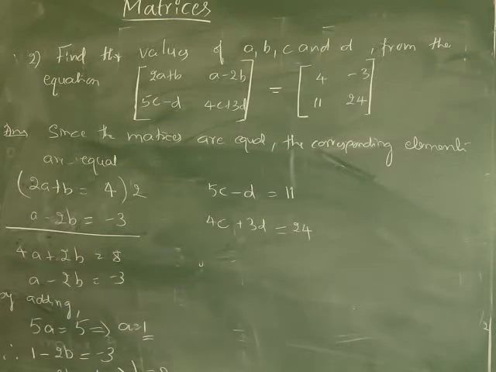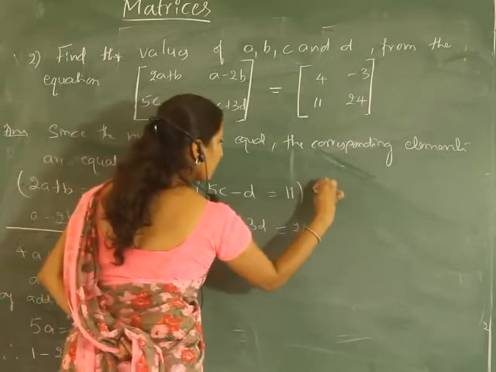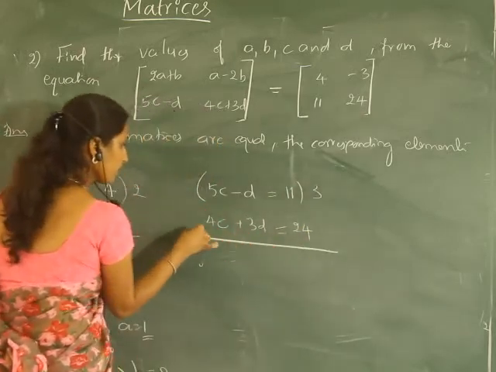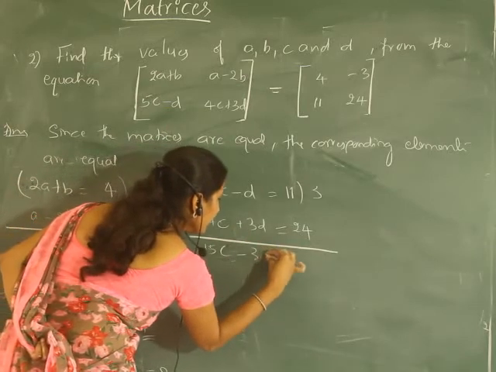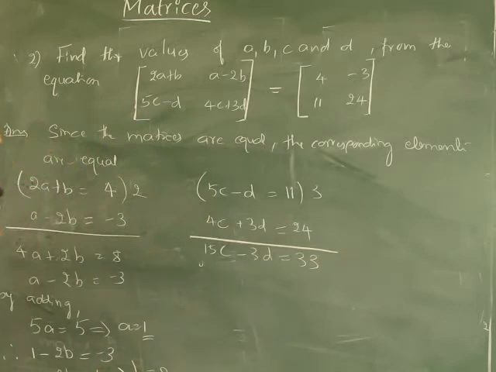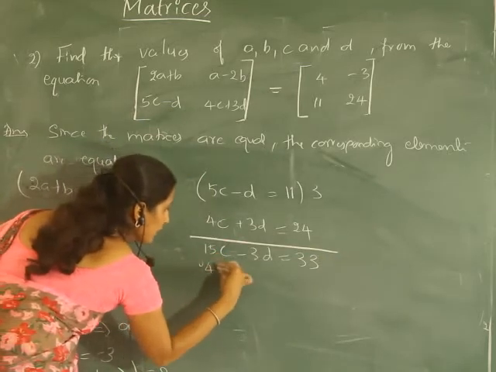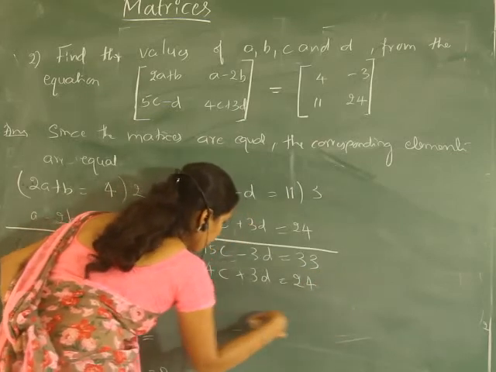Next we'll solve the next equation. So what I'll do is I'll multiply this equation by 3. So we are getting 15C minus 3D is equal to 33. Then 4C plus 3D is equal to 24.